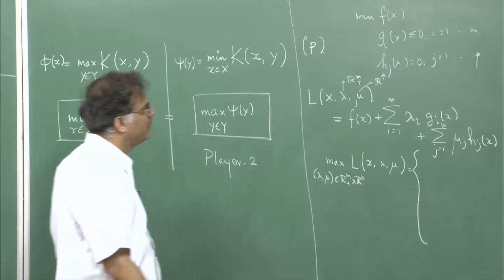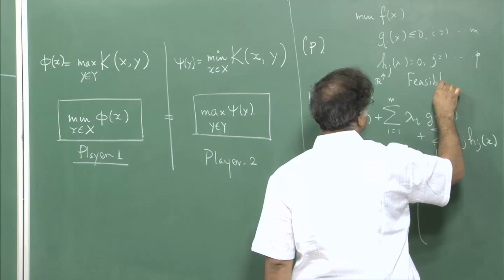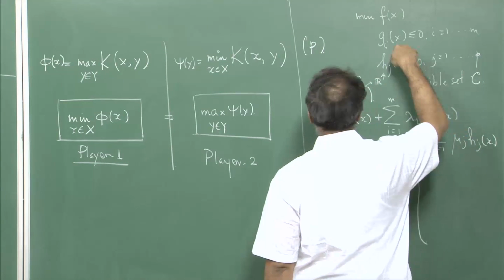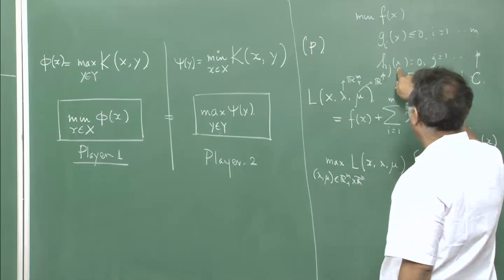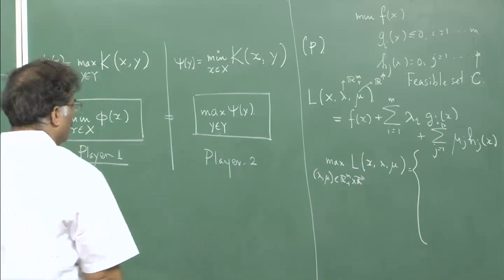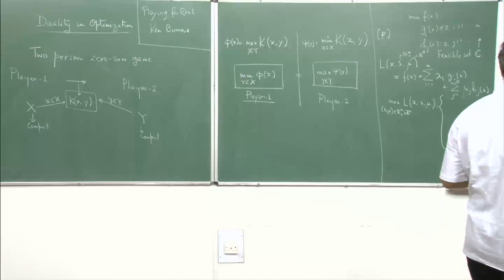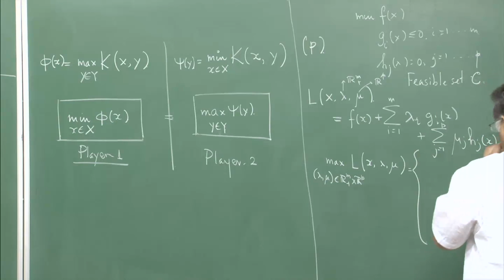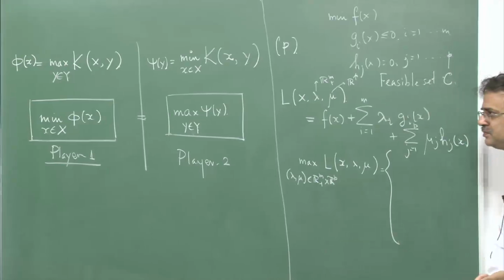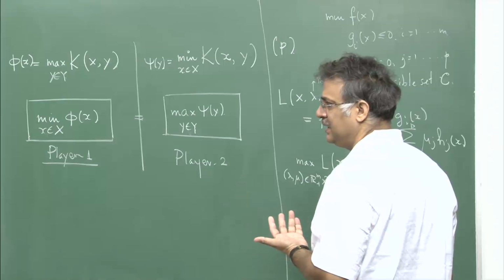Now, let me call the feasible set of this problem P as C, which consists of all x which satisfy g_i(x) less than or equal to 0 for every i and h_j(x) equal to 0 for every j from 1 to p. Now once you know that C is a feasible set, consider an x in C. Then of course all the h_j(x) are equal to 0, and the g_i(x) are less than or equal to 0.